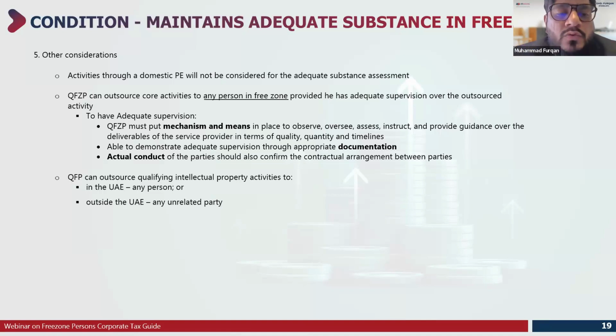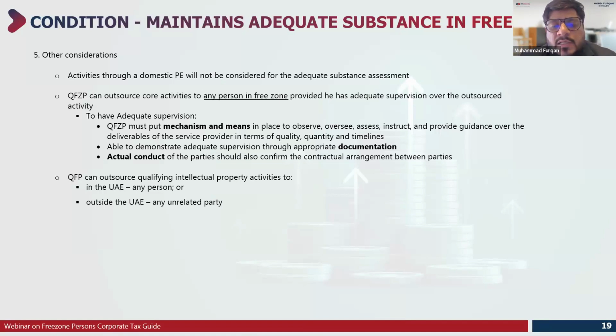Now, how to have adequate supervision? He must have a mechanism and means in place to observe, oversee, assess, instruct, and provide guidance over the deliverables of the service provider in terms of quality, quantity, and timelines.